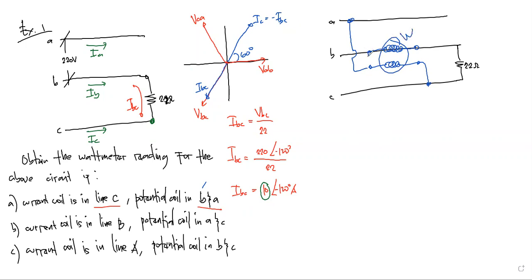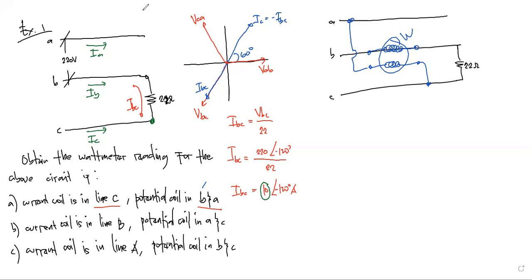How do we obtain the reading of the wattmeter? You will see that there is a difference in the indication of the wattmeter from letter A to letter B. The reason is the positioning of the potential coil and the current coil.